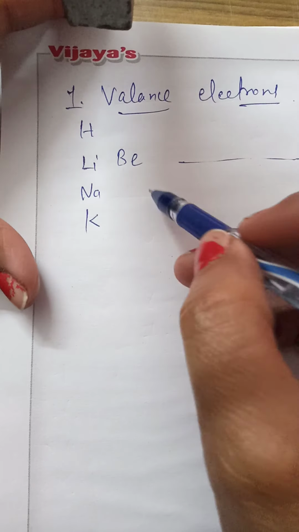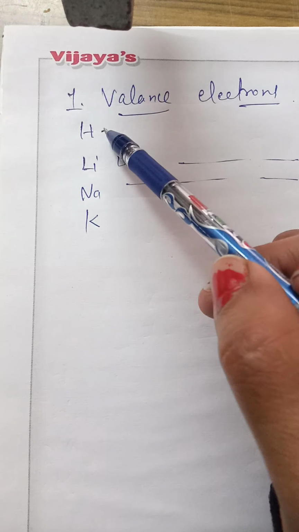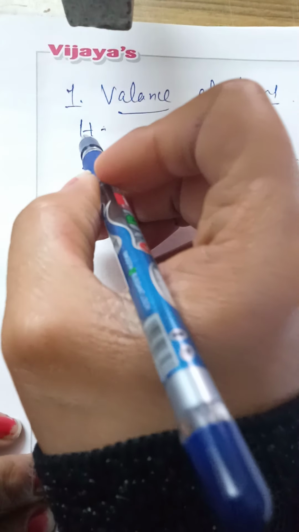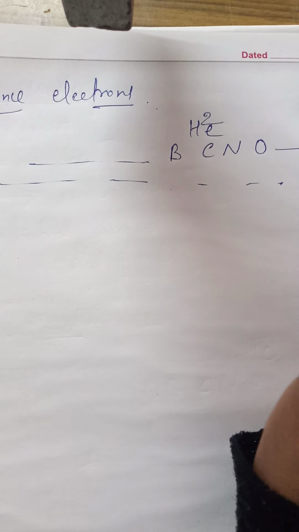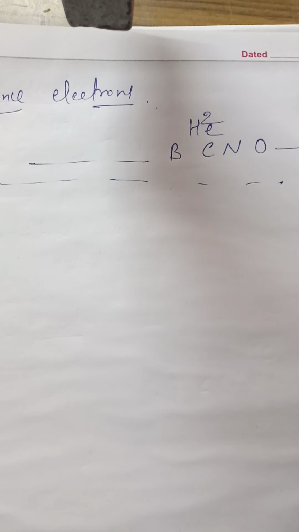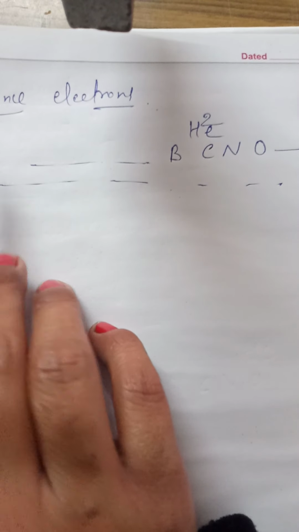Next we have hydrogen, lithium, sodium, potassium, and so on. Now we will see here, as we move from left to right, hydrogen has atomic number 1, helium has atomic number 2. As we move from left to right, the atomic number increases, so the valence electrons increase.